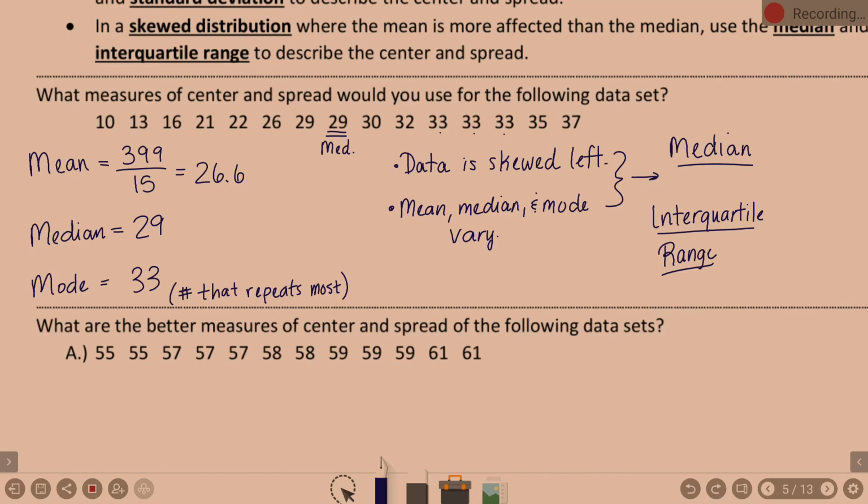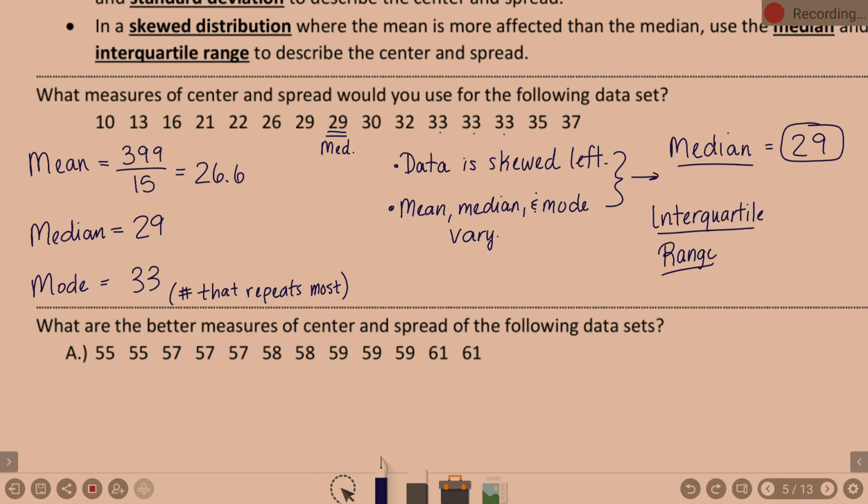Give you a moment to catch up writing that. What do we already know here? Our median is 29. So that's saying that the best description of this data for the center is the median as 29. Interquartile range.